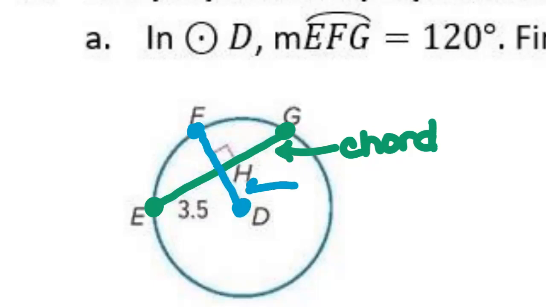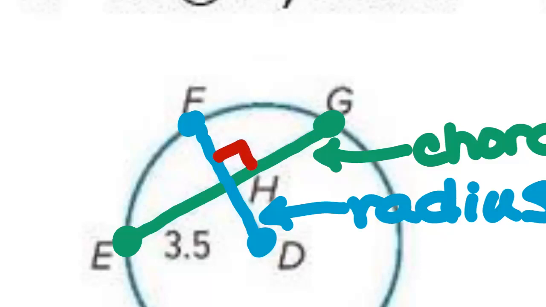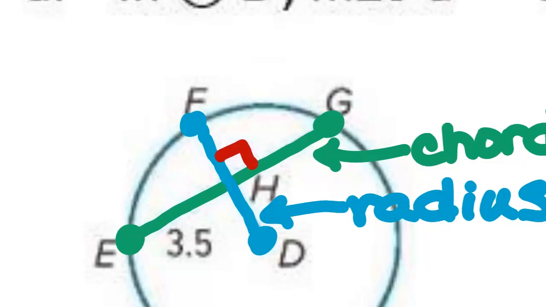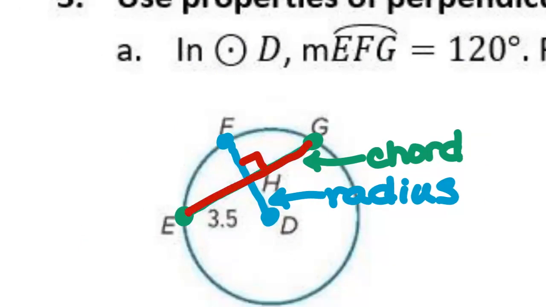That is a radius. So a radius is forming a right angle with a chord, which we just read means what is happening to this chord? It's being cut in half. So EH is the same size as GH.